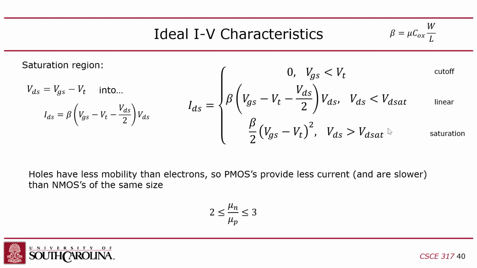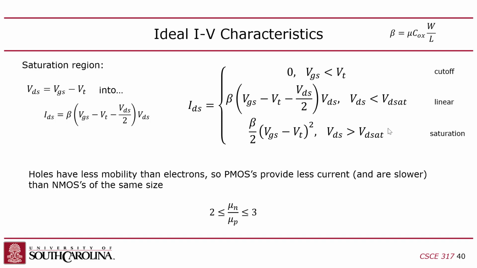So holes, remember that the holes are the minority carriers in the NMOS. NMOS is going to have diffusion that's N, and the bulk is going to be P, right?